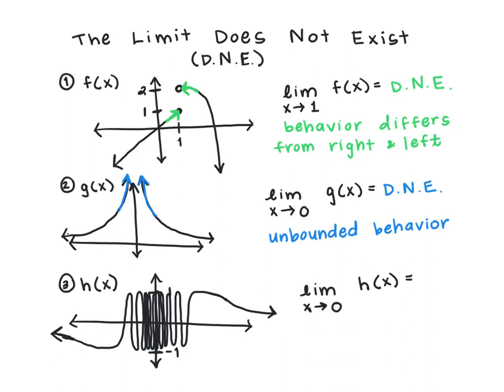In order for the limit to exist, we need for our function to be approaching one finite value as I approach 0. Since that's not the case when my function is oscillating, we see that here, again, my limit does not exist. And that is because of oscillating behavior.